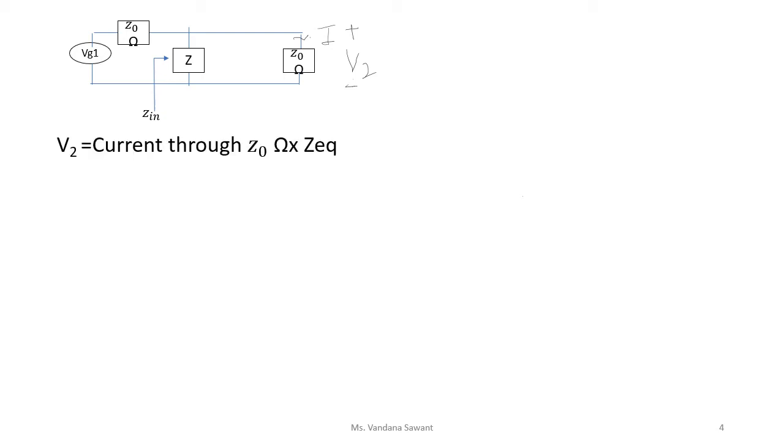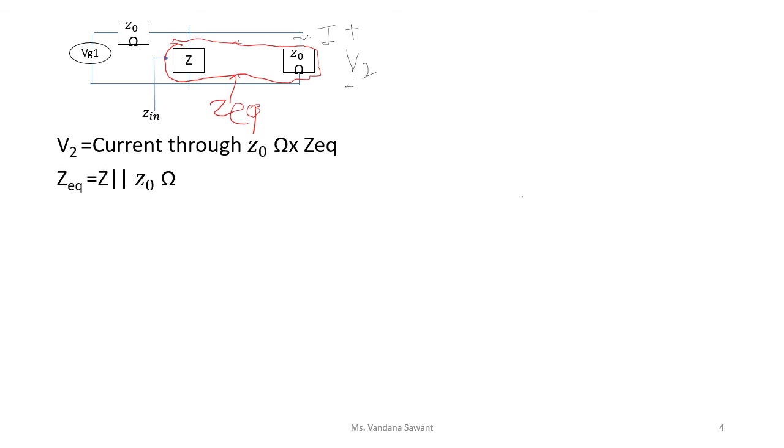So your V1 will be VG1 divided by 2, and what is V2, that we need to calculate. So what will be the V2? V2 will be the current through Z0 ohm into Z equivalent. So what is this Z equivalent? Z equivalent is the equivalent impedance of this branch and this branch. So we will calculate the Z equivalent first.